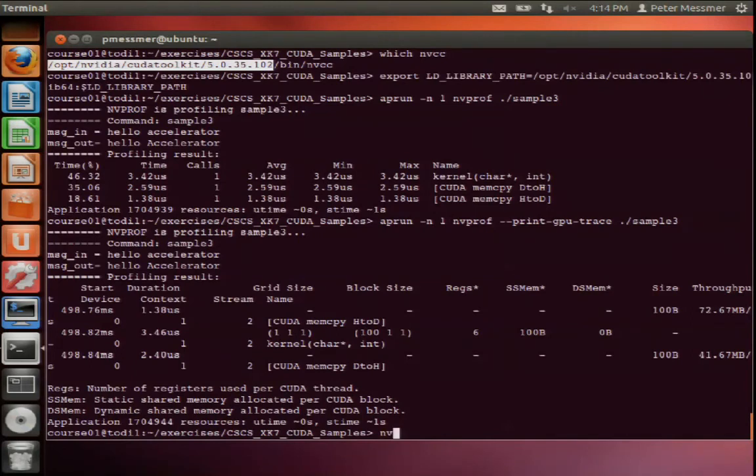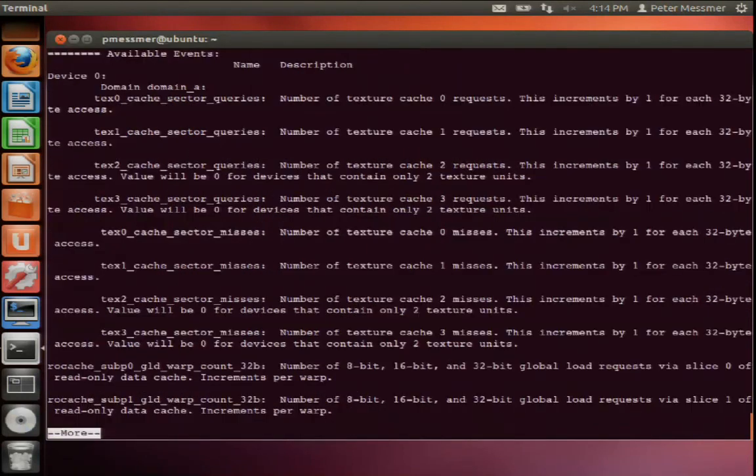And then if we want to collect more information about this particular kernel, we can do NVP Prof with the query events. And this gives us a huge list of all the events that can be collected.